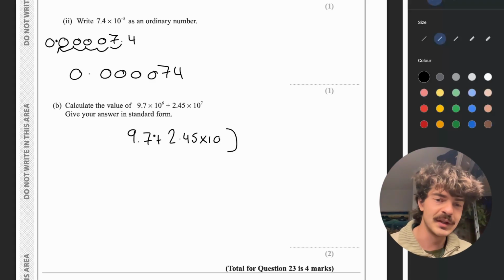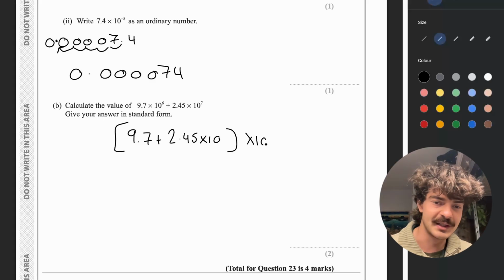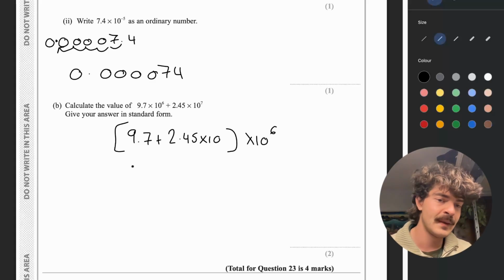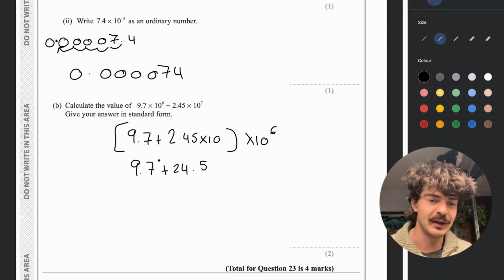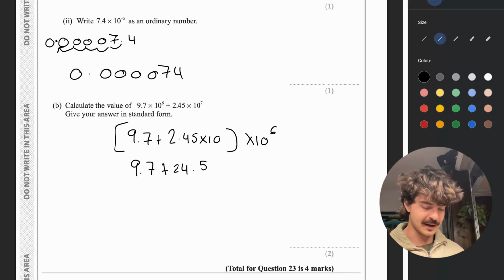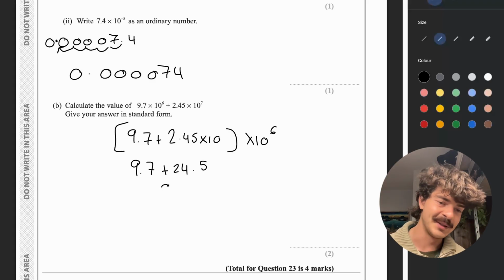And then all of this has a times 10 to the 6 on the side. So if we had 9.7 plus 24.5, we're left with... oh, I'll get a calculator out, which, I'm sure you're going, well, come on, you could just type in the whole thing in the first place. But this would give 34.2, and this would all be times 10 to the 6.